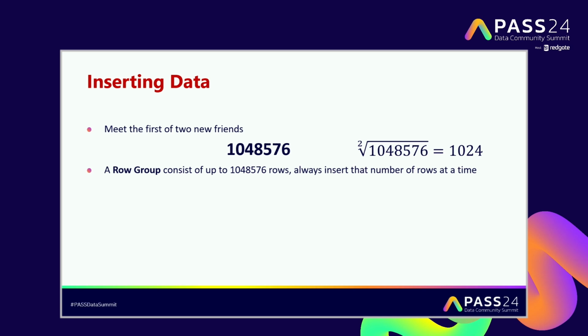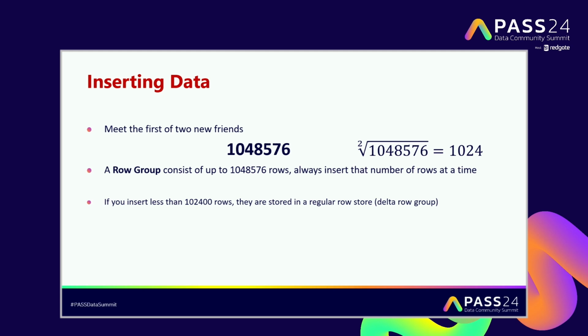So the rule is, if you insert less than 102,400 rows, again an awesomely random number, now it's 1,024 times 100, so not 102.4, but this time it is. If you do less than that, the most horrible thing happens.